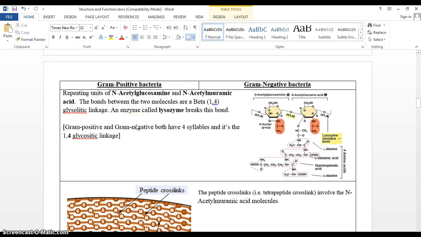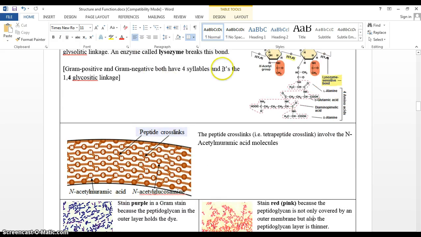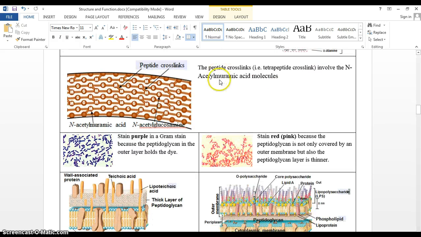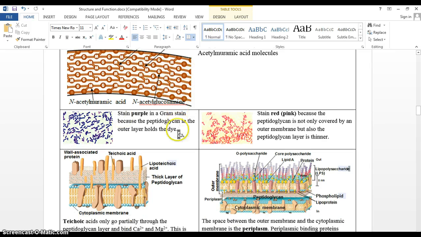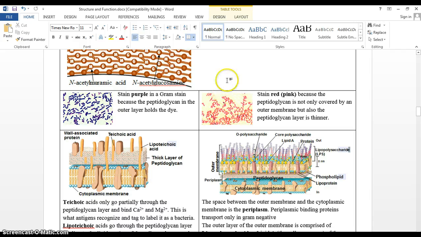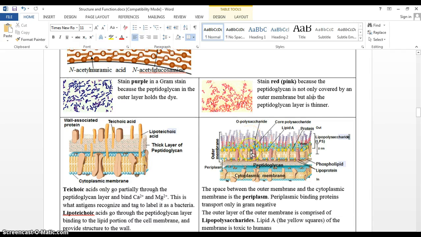All bacteria cells have a cell wall made of peptidoglycan, which is repeating units of N-acetylglucosamine and N-acetylmuramic acid, held together by special bonds and cross-linked. But that's all kind of lecture stuff, and y'all probably got that repeated to you quite a few times.